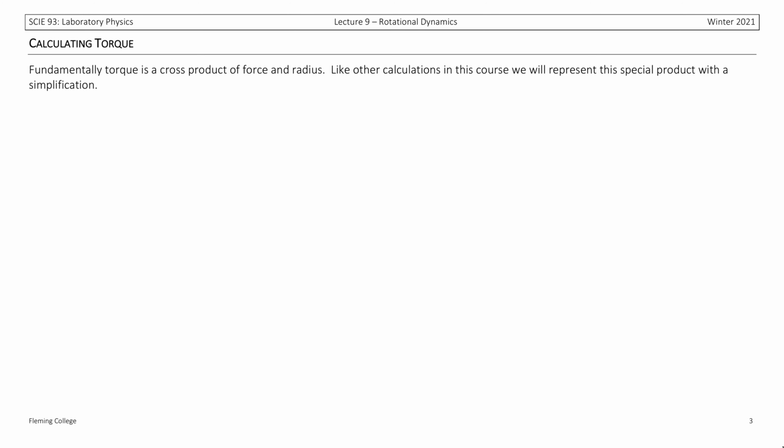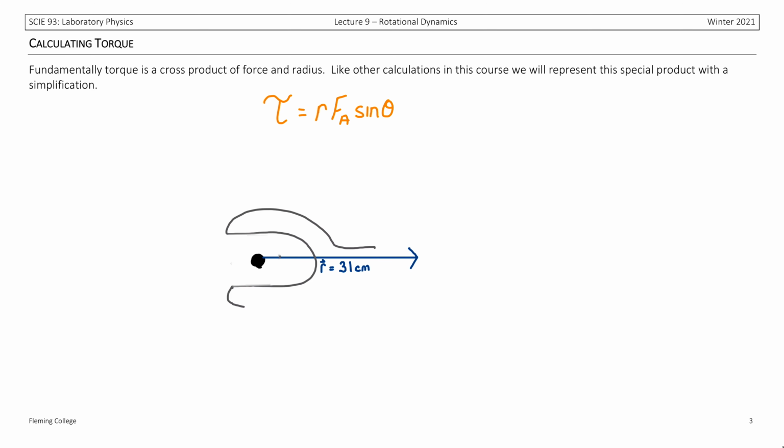Okay, let's clear our screen and bring back our torque equation. And we're going to look at some examples and calculate several different combinations of radius vectors and applied forces. For this example, we're going to take a radius of 31 centimeters, and let's say that's applying to a wrench that's trying to turn a nut. Now, if at the end of that radius, we apply a force of 65 newtons perfectly perpendicular to the wrench, let's calculate the amount of torque.